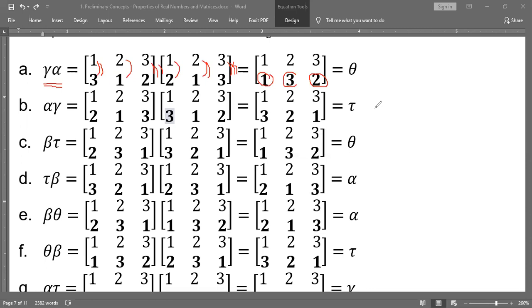Ibig sabihin, close yung permutation natin. Kasi, ulitin ko, the product of the two permutations also belong to the sixth arrangement na defined kanina, the Greek letters. Therefore, close yung permutation 1, 2, 3 natin.